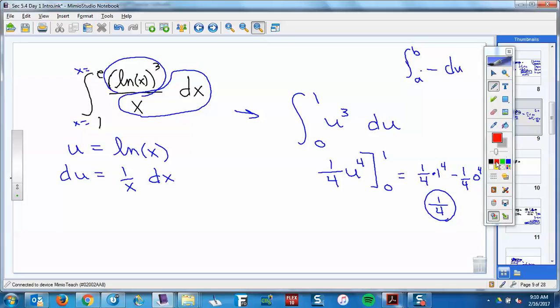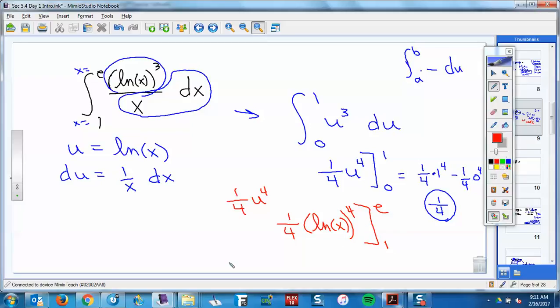Now the other option we have, and some people like this better, is we didn't have to put those numbers on there. We could have gone 1/4 u to the 4th, then 1/4 ln x to the 4th, like we normally do. Normally, once we get to here, we do the antiderivative, which is 1/4 u to the 4th. Then we go back to our x's, and then we put what numbers here? 1 and e.